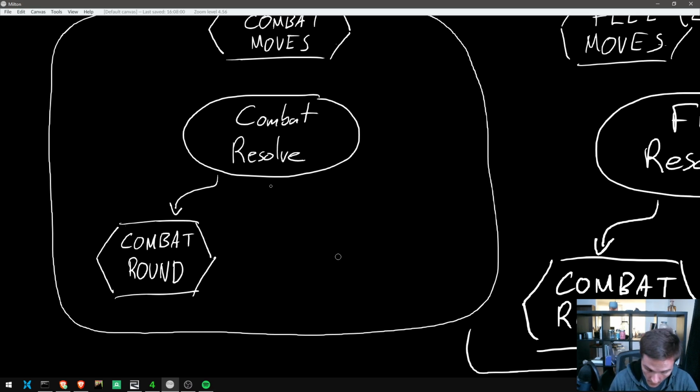So a combat resolve can lead to a state of exit and KO.